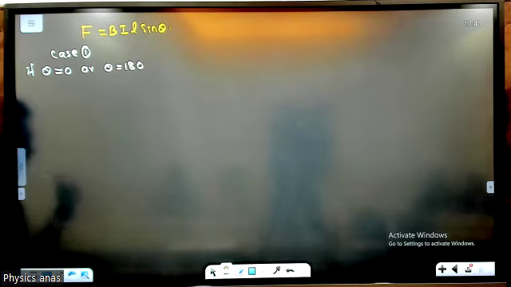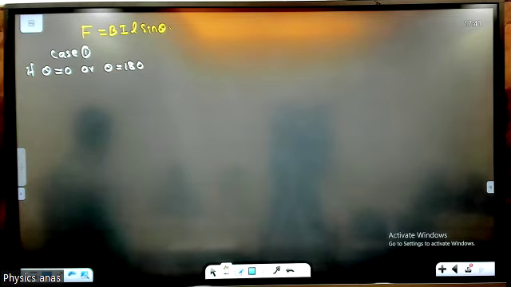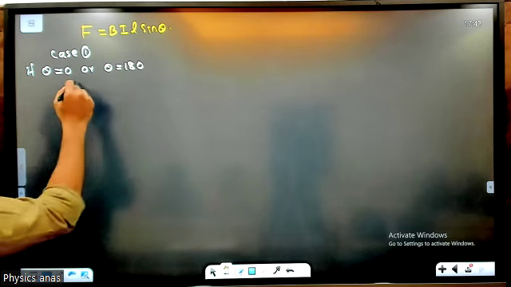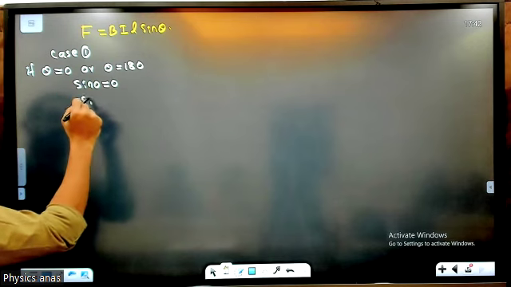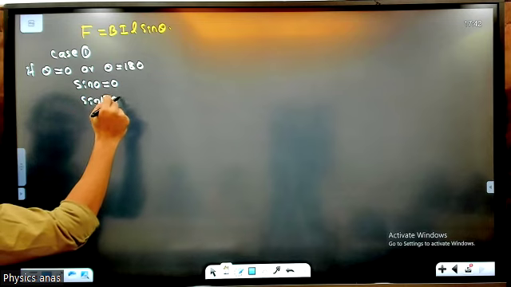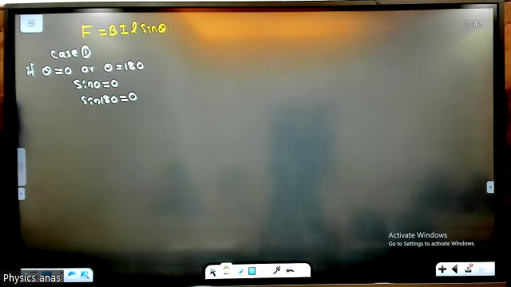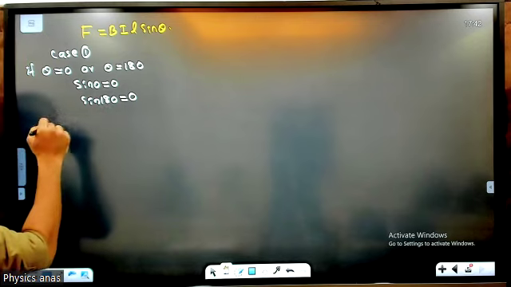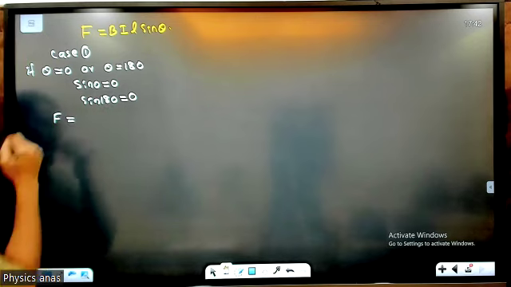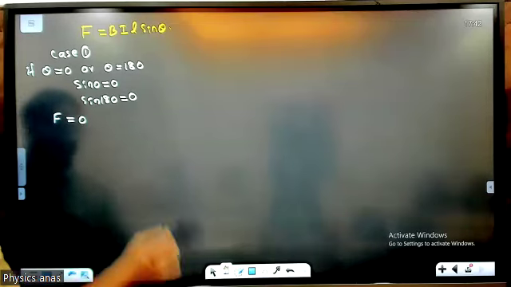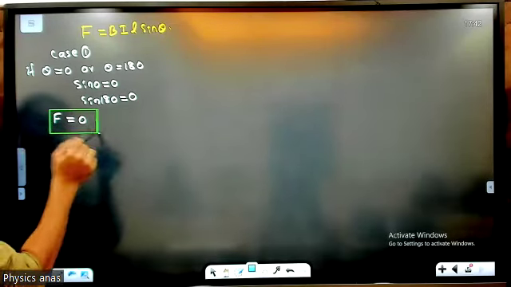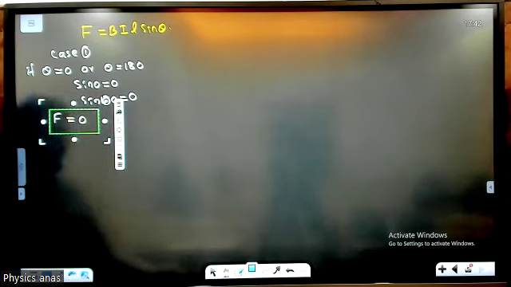Sine 0 is 0. What is sine 180? Sine 180 is also 0. So what will be the force on that conductor? Force on the conductor will be 0. Did you understand that? That is our first case.